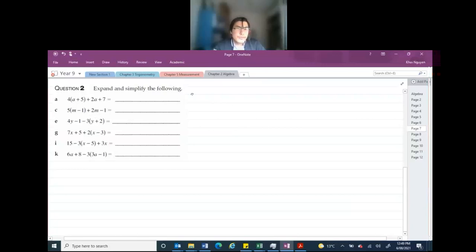So with A, we've got 4 brackets, A plus 5 close brackets, plus 2A plus 7. What I'm going to do now is just expand the brackets. Here we've got 4 on the outside and A plus 5 on the inside.